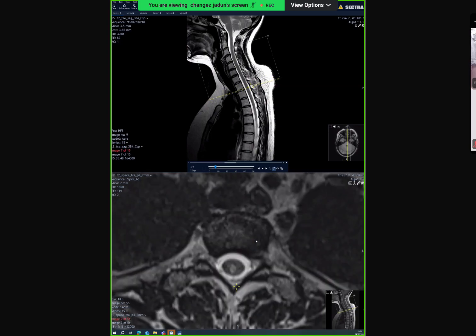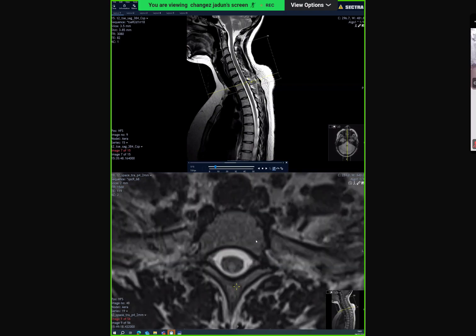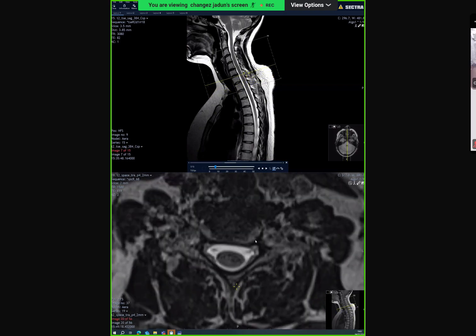So, furthermore, I would like to see the diffusion weighted images of the cervical cord as well, if they're there. No, there is no diffusion weighted image. What do you want to see in the diffusion? What is the purpose of asking for any diffusion? Just to rule out any ischemia.